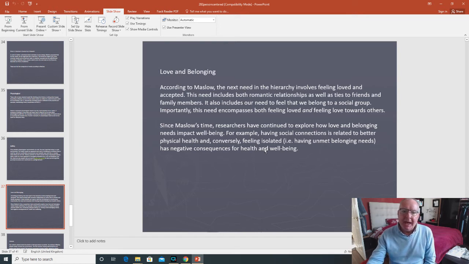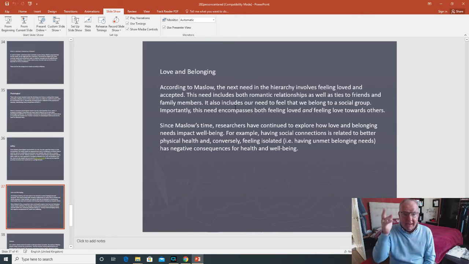So once we've taken care of our physiological needs and our body is relatively balanced, we've got no health worries, and we've got a roof over our heads and we can feed ourselves, then obviously relationships then really come into effect. In fact, relationships come into effect obviously far earlier than all that.